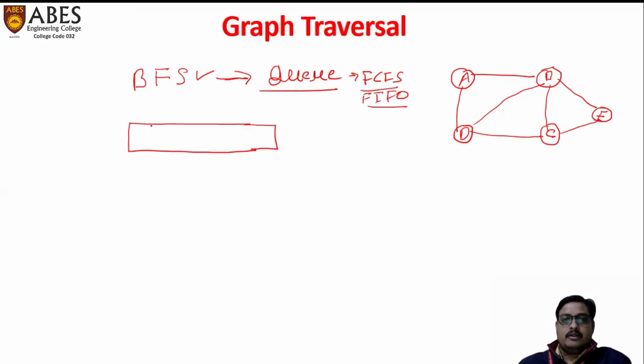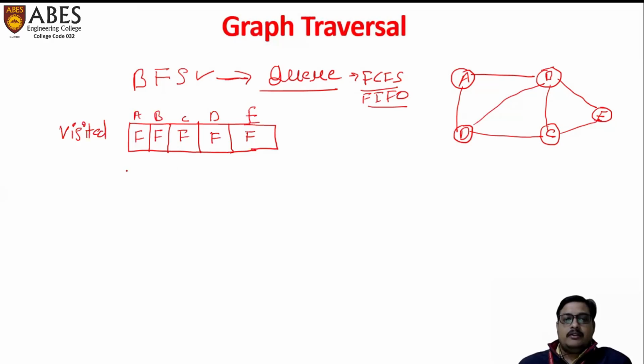Here we have dedicated slots for each vertex, like this is for A, this is for B, C, D, and E. We have named it the visited array, and the status of all the vertices in the visited array is set to false in the beginning. So we'll set the status of all the vertices as false.